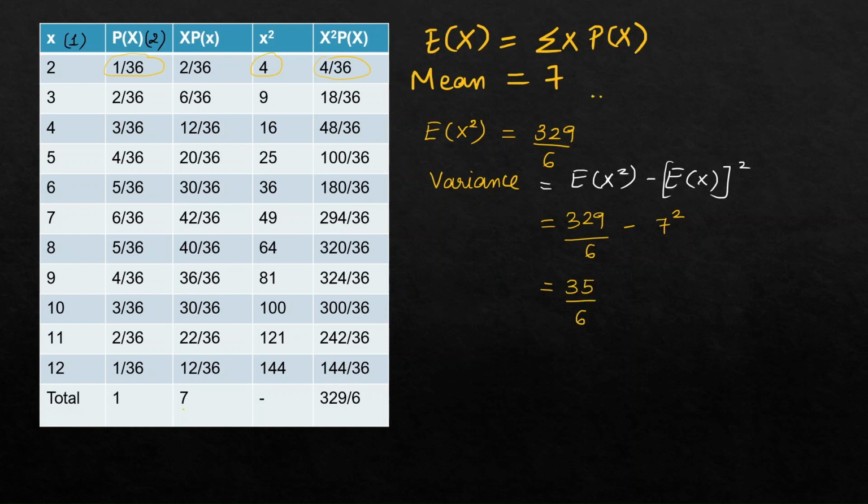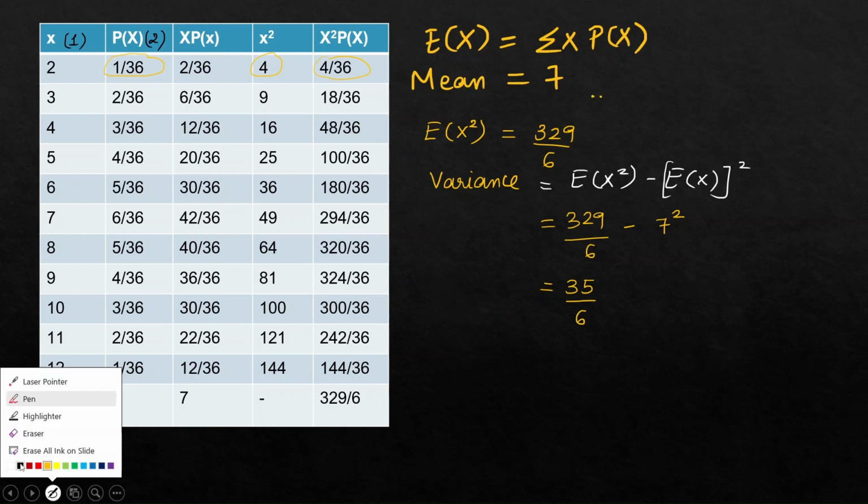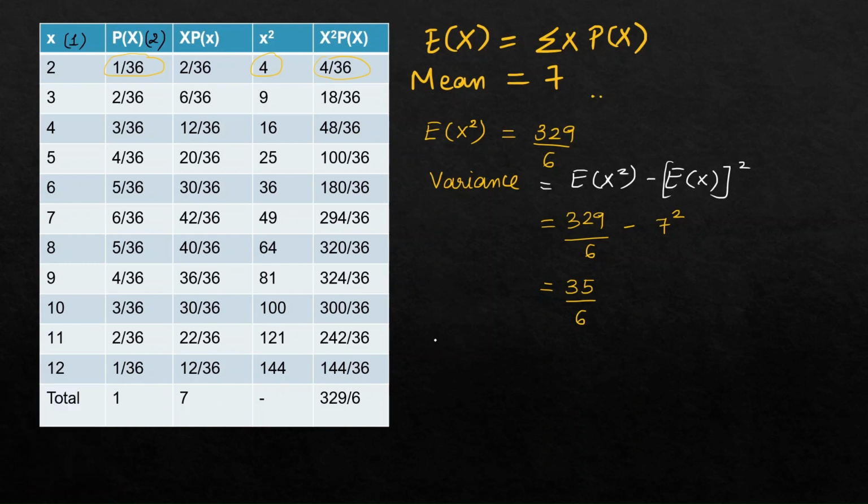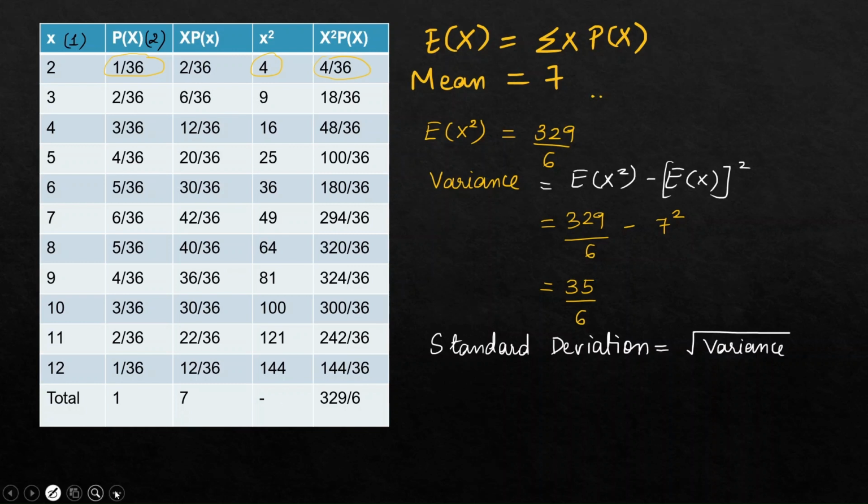The question is asked as standard deviation. So we have not yet found the standard deviation. We will find the standard deviation. The formula for standard deviation is the square root of variance.